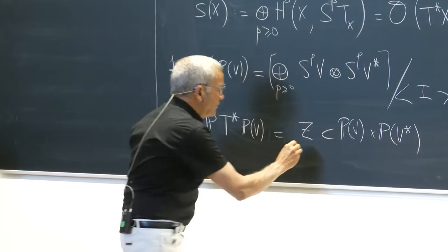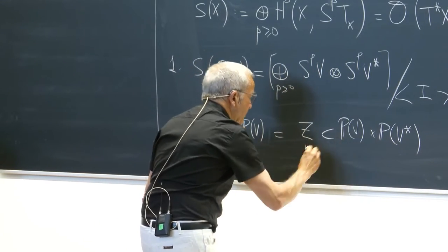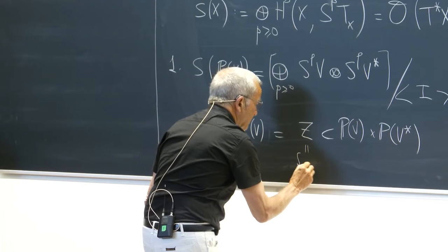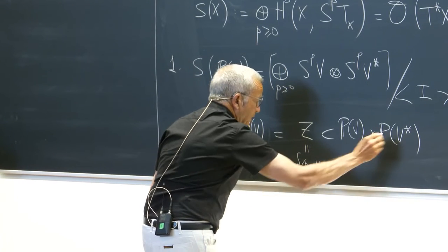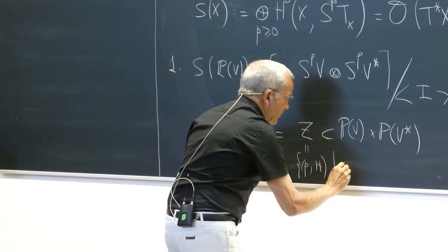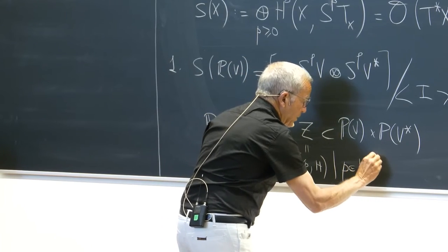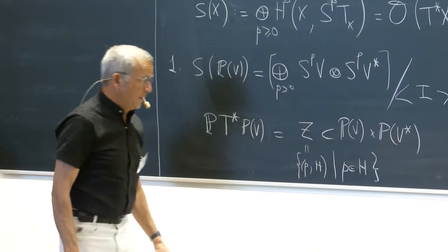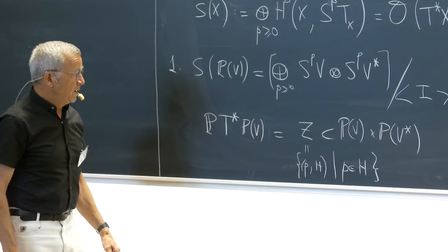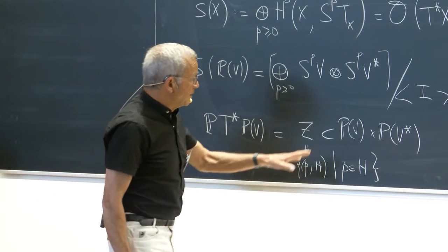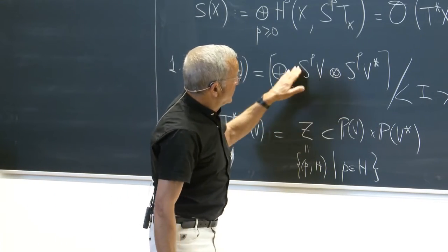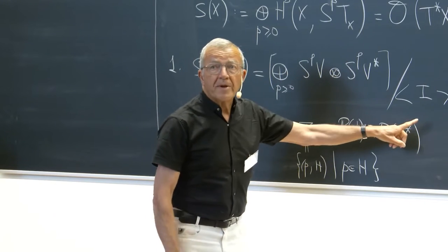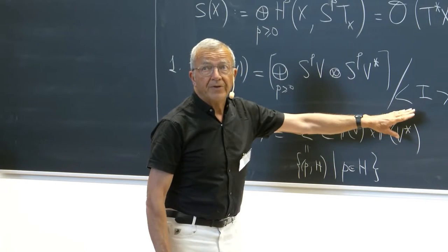And Z consists of pairs of a point here and a hyperplane here, such that the point is in this hyperplane. So from this, you see that this here is exactly the graded algebra which appears here.